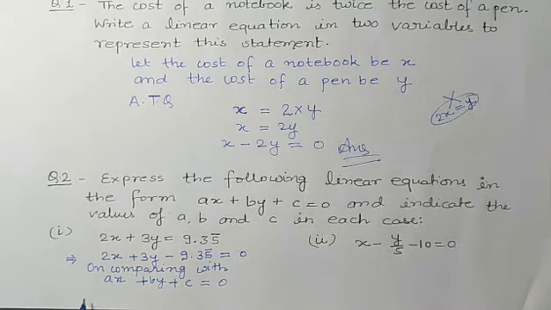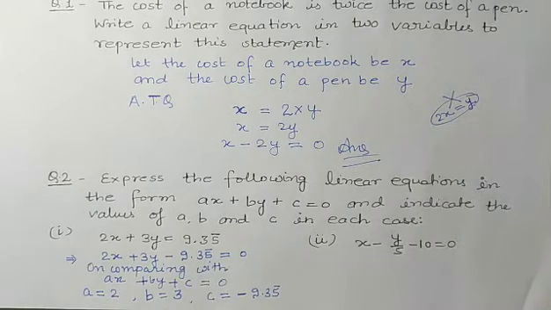What will we get? At the place of a, what is written there? 2. At the place of b, what is written? 3. And at the place of c, what is written there, students? It is plus c here, and here it is negative, so you can write minus 9.35 bar.